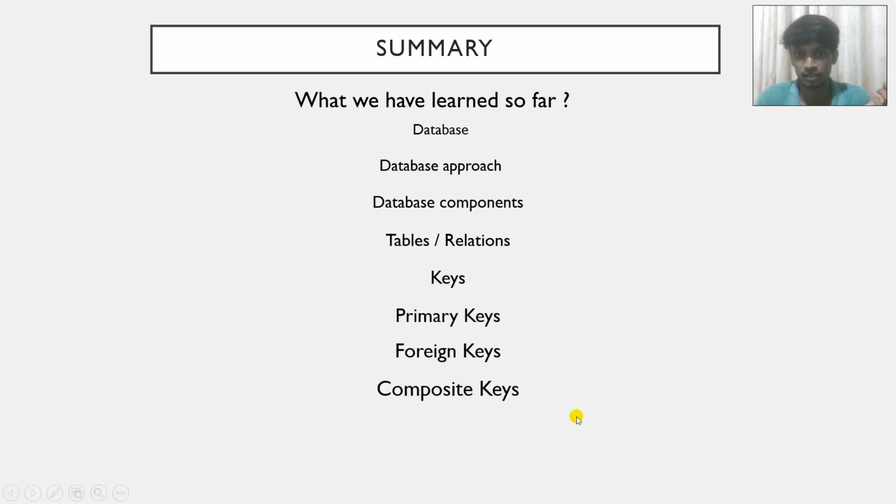And we came to the composite key. A composite key is also a key attribute, consisting of two or more attributes in order to make one key attribute. That composite key might be a primary key.